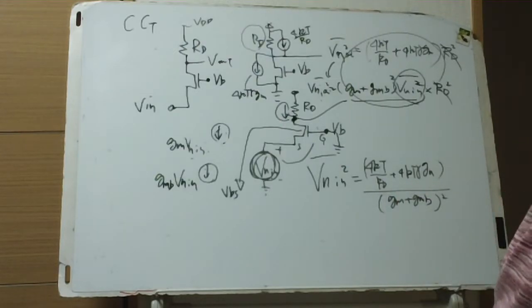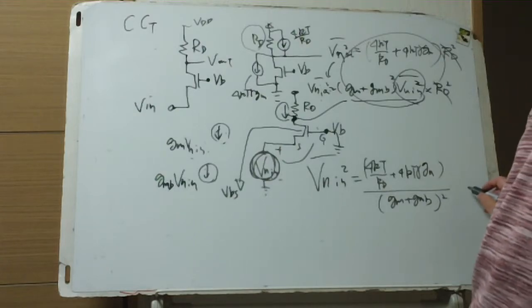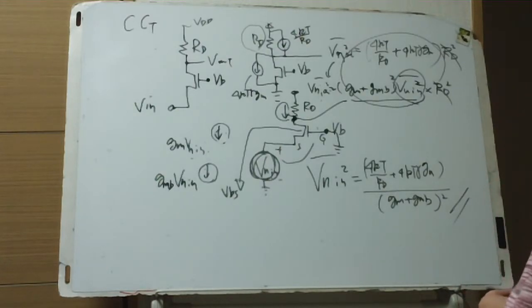This is the input referred voltage noise for CG. Okay.